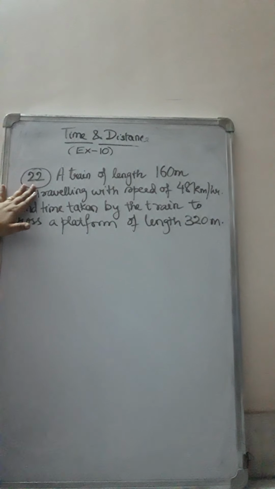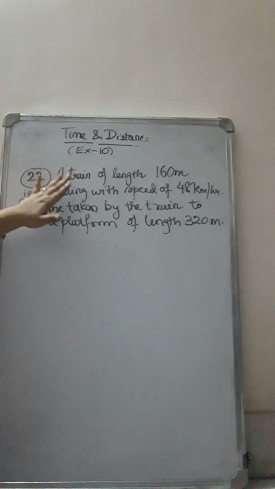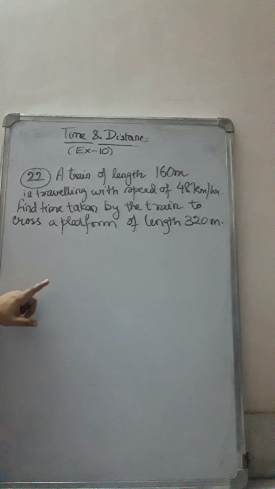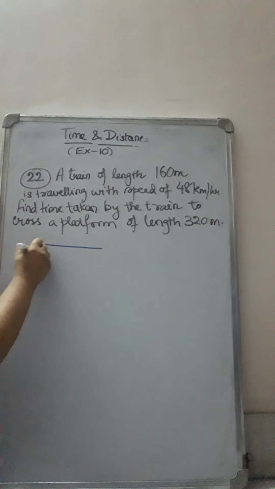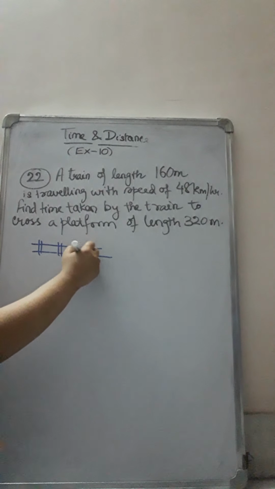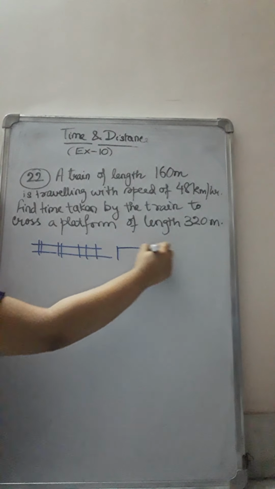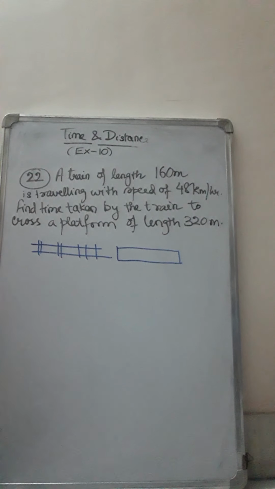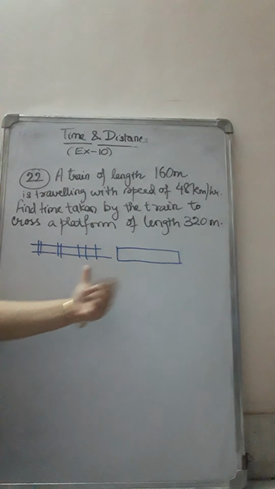Now in this question number 22 of the time and distance chapter, you will find a problem where a train is crossing a platform. A platform is also a stationary object having a certain length. The train also has a certain length.